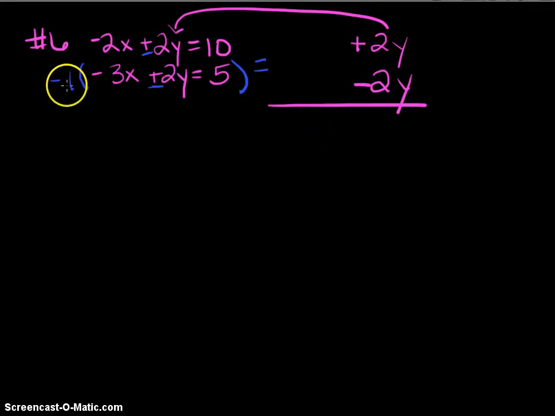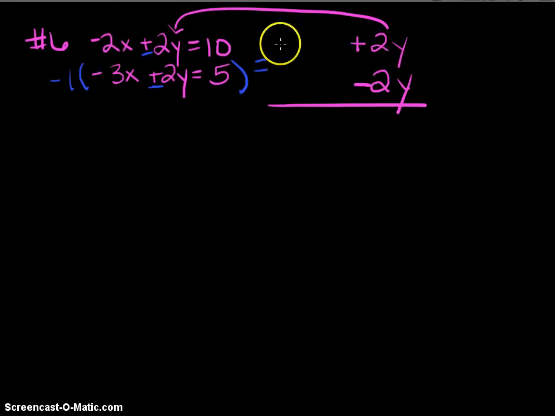All right, so I'm deciding to multiply through by a negative 1. Negative 1 times a positive 2y will give me that negative 2y right here. So I will be able to eliminate.